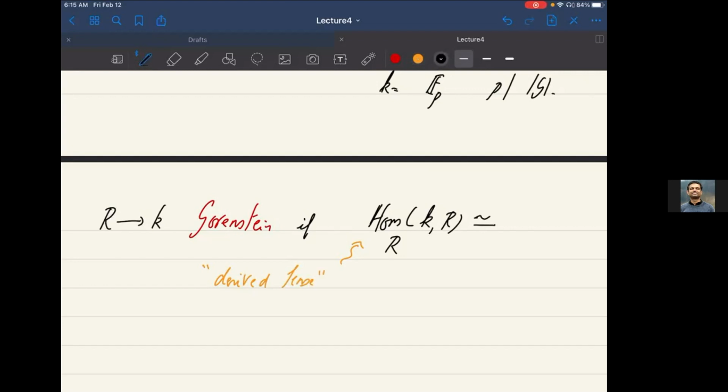So you're looking at maps from K to R, and you want this to be some suspension of K, as a K module. I talked about this before: I'm using up the left R module structures on K and R, but I still have a right R module structure on K that, when you dualize, becomes a left K module. So this should be as left K modules.